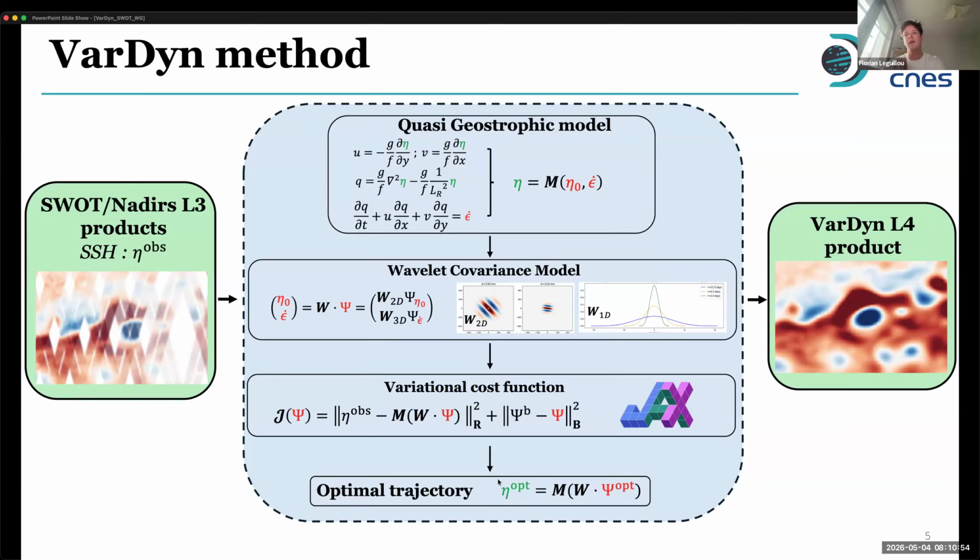So at the end, we find the optimal psi vector that minimizes this cost function, and we can build again the optimal trajectory of sea surface height to get the level 4 product of this VarDyn method. So this is the method. We can come back to that after if you have questions. I can give some more details.